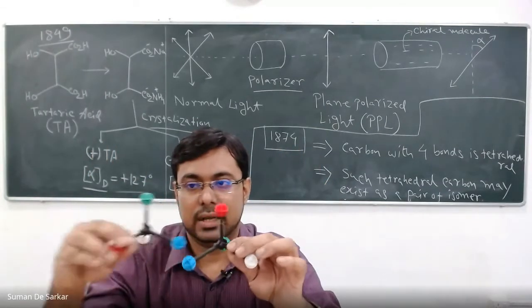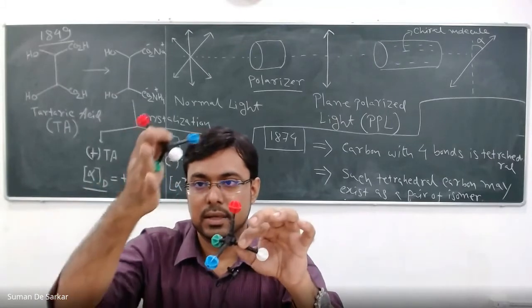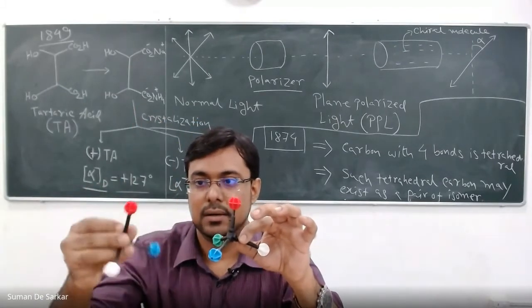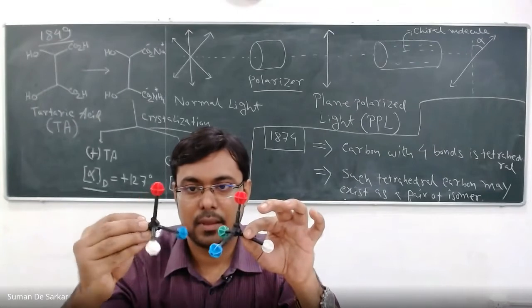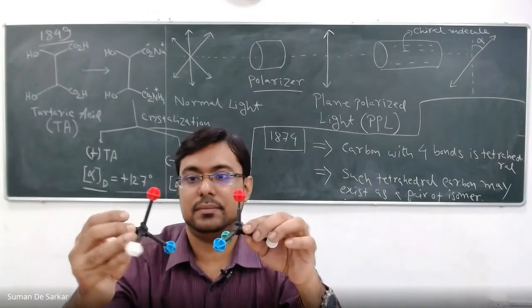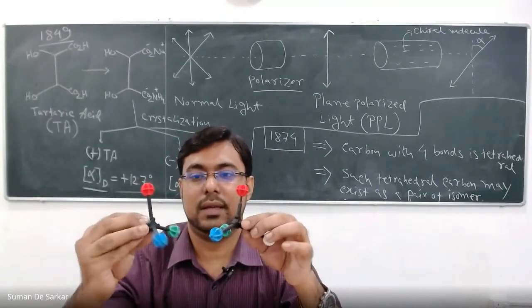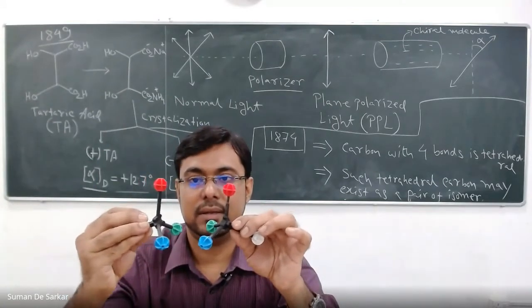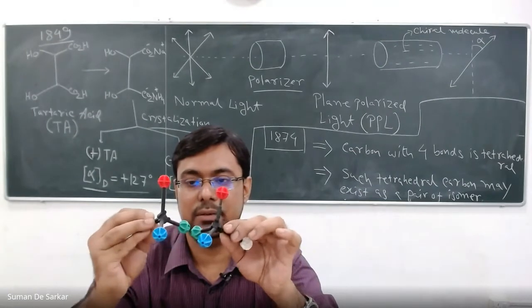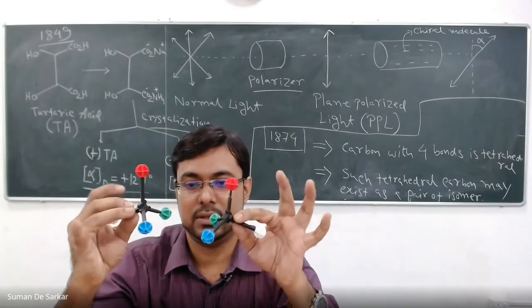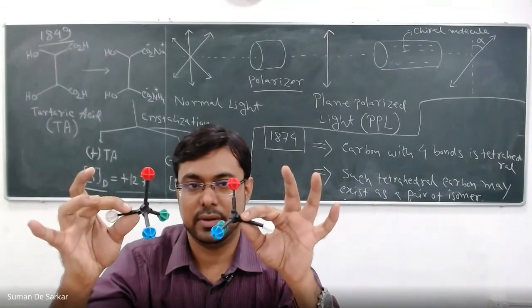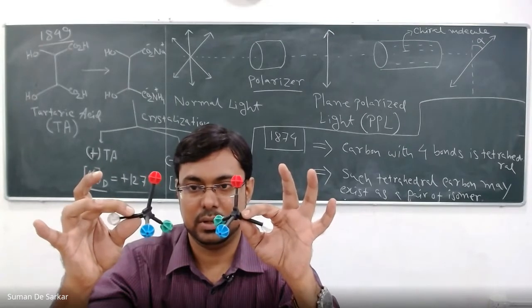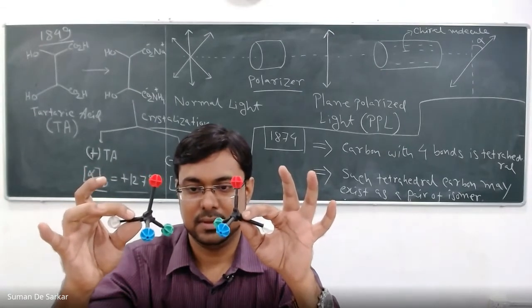If you just hold it like this and imagine a mirror here, you see? Oops, no. You have to hold it like this. Yeah, now it's perfect. Imagine the mirror here, you can see that this blue will be a mirror image, green will be a mirror image, red will be a mirror image, and this white, which is away from the mirror, will also be a mirror image. Okay? So you agree, right?